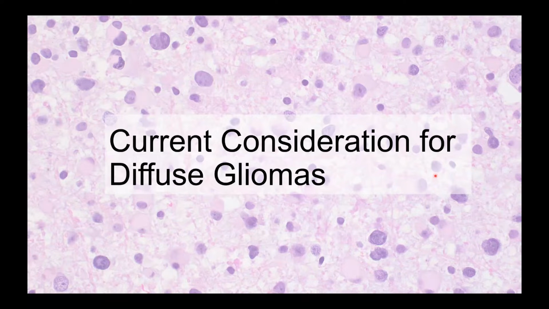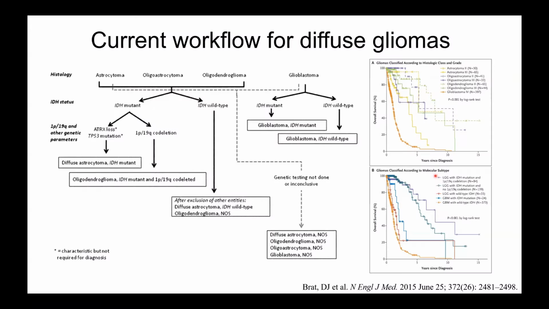So let's move into more current considerations for diffuse gliomas. Back in 2016, once IDH mutation status and 1p19q co-deletion status were integrated in the workup of diffuse gliomas, the following flowchart was arrived at, a practical workup for these tumor types.